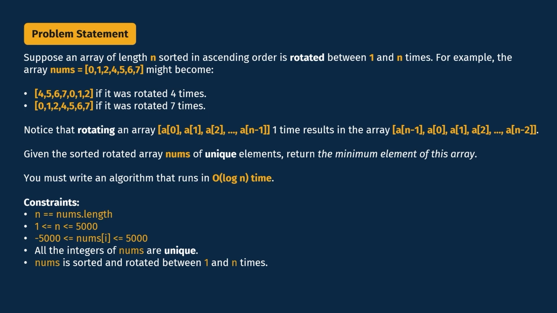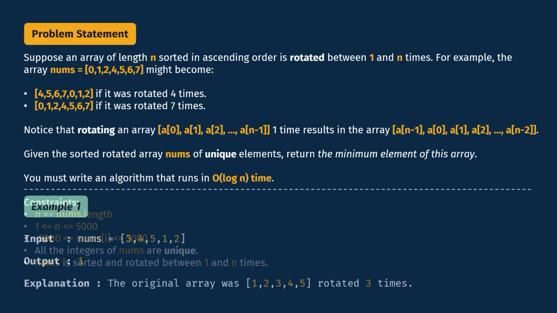And crucially, all the integers of nums are unique, no duplicates to worry about. Finally, nums is sorted and rotated between 1 and n times, which is the key characteristic that makes this problem interesting.